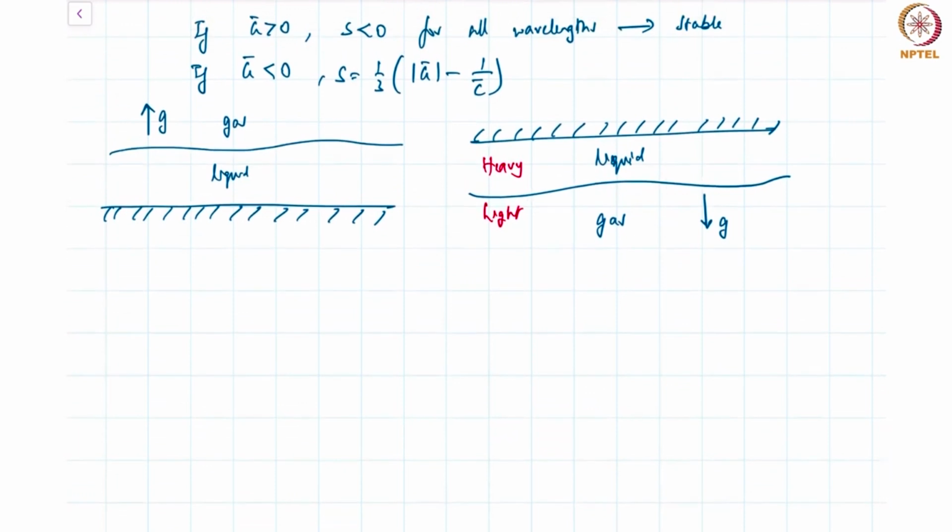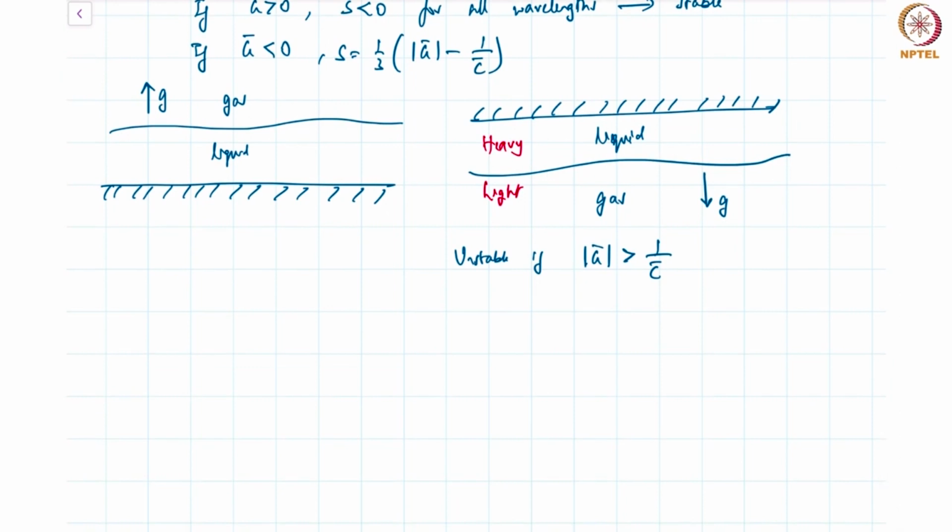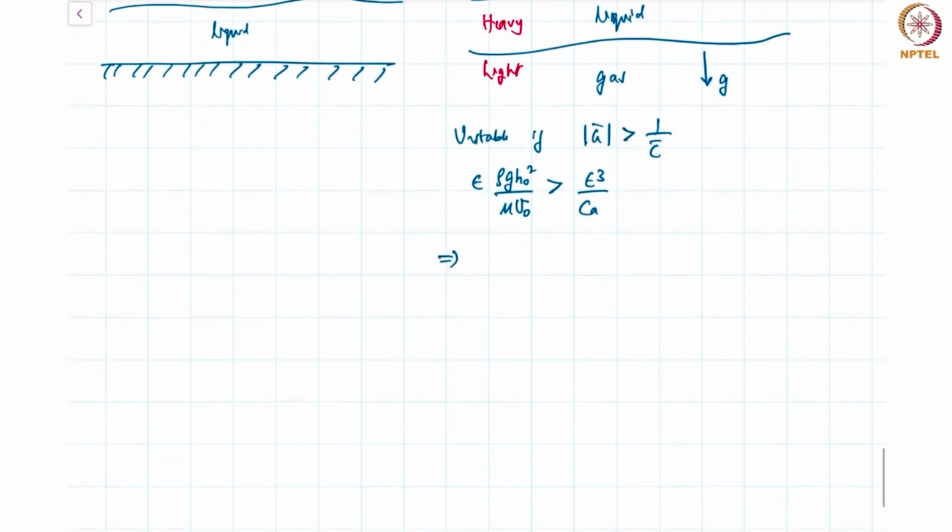And therefore it is unstable if the magnitude of g exceeds 1 by c bar. Or in terms of parameters, if we substitute the expressions for g and c, we have rho g h naught square by mu u naught is greater than epsilon cube by capillary number.